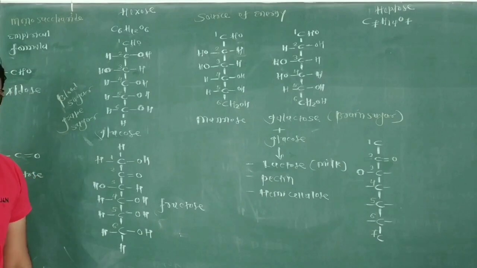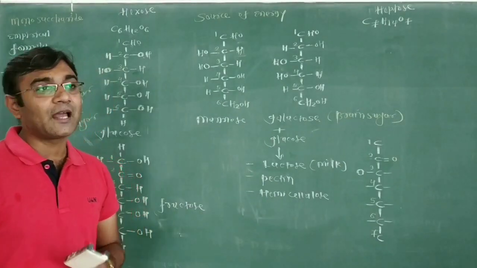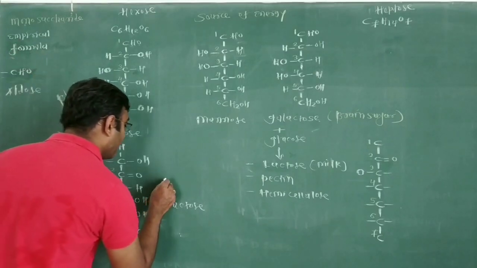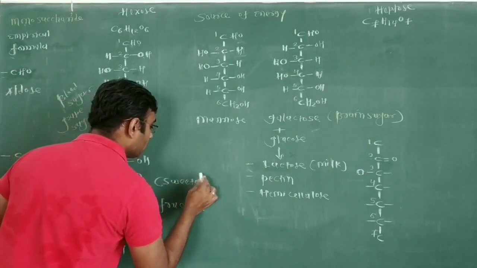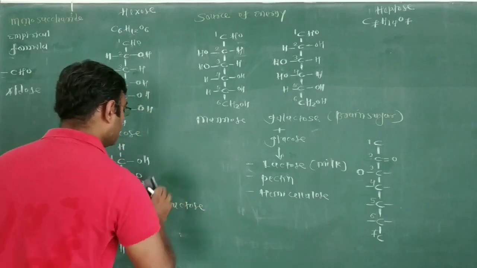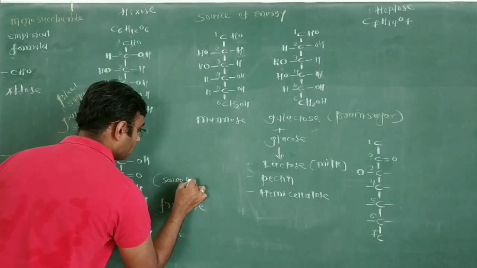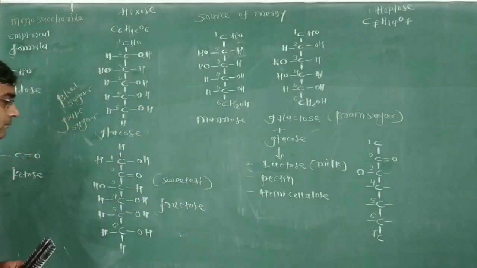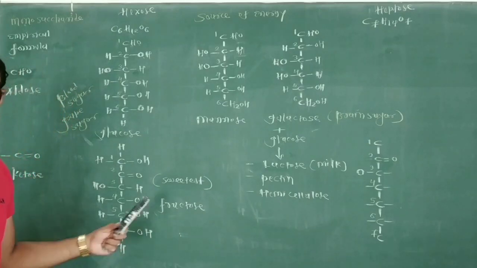Fructose is the sweetest carbohydrate. Fructose is present inside the juice of fruit.